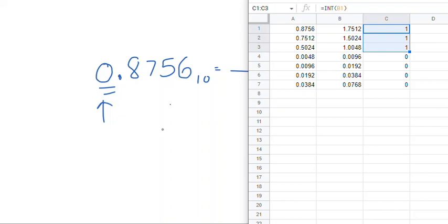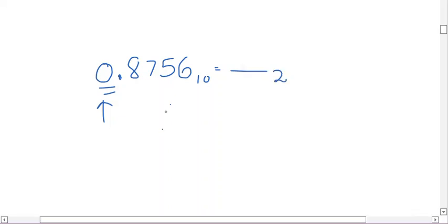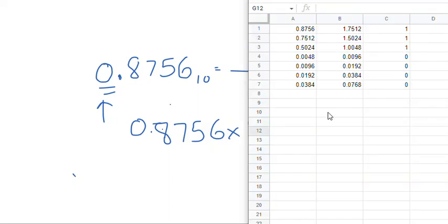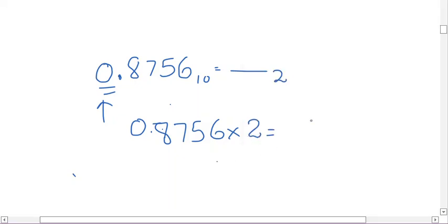So if I do it by hand, I'll take 0.8756 multiplied by 2, and that would be equal to 1.7512.